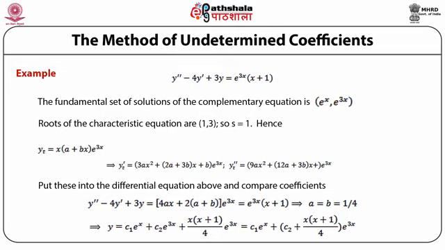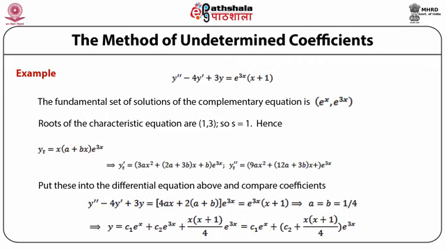Entire terms are multiplied by e raised to power 3x, which gives y double prime minus 4y prime plus 3y is equal to e raised to power 3x times (x plus 1), giving the values of a and b as 1 by 4.